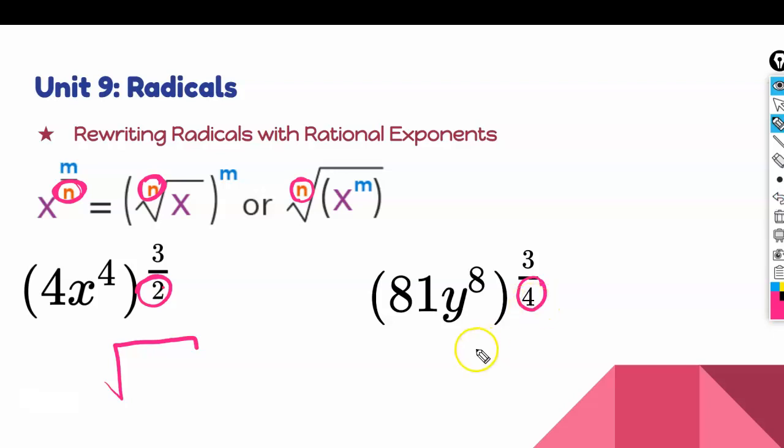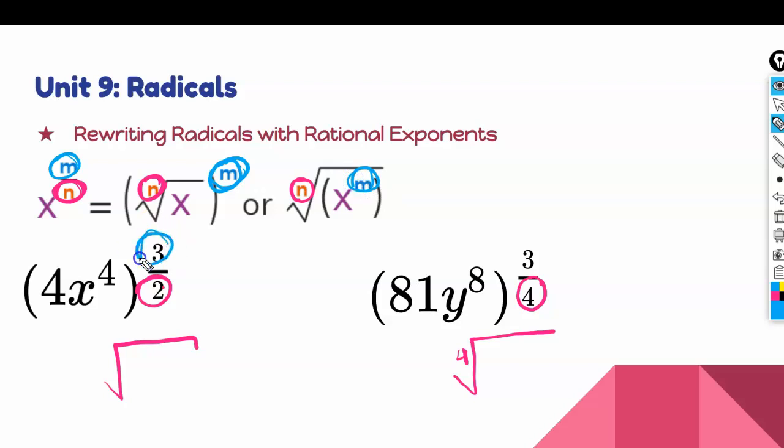All right, here, I'm going to have a 4th root. I'm going to have something that looks like a square root, but instead of just being a plain old square root, it's going to have a little 4 on the outside. And then that number on top stays being the number on top. It's the exponent.